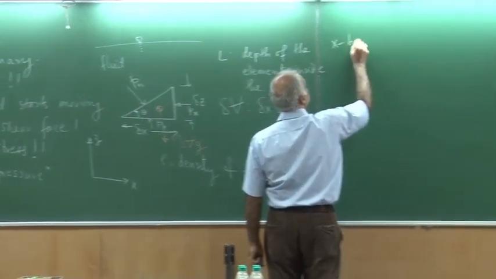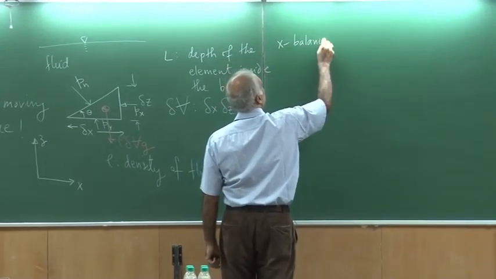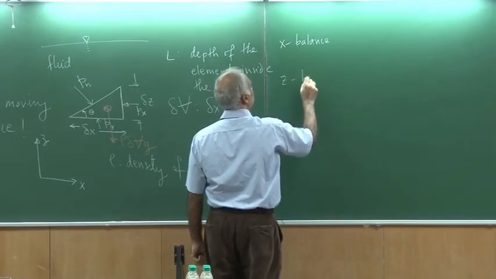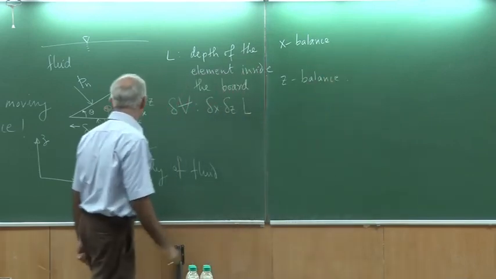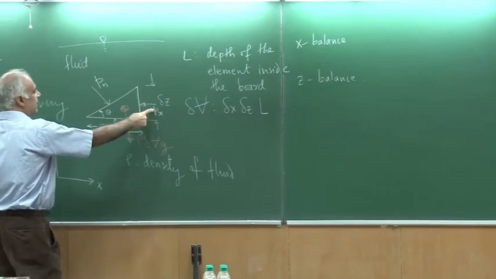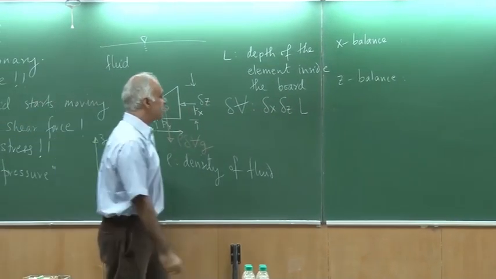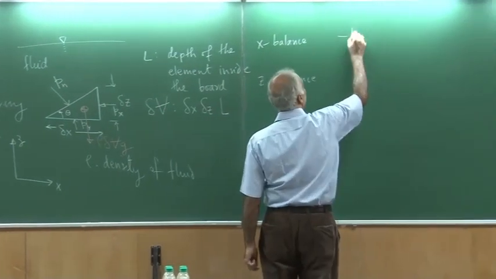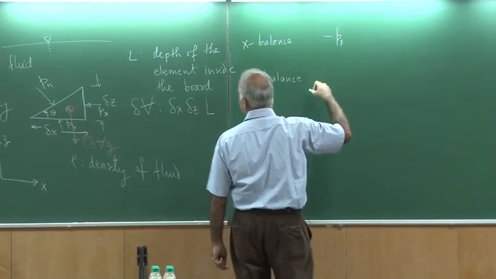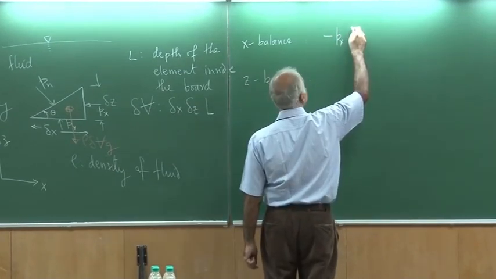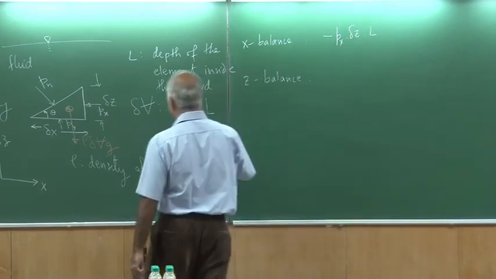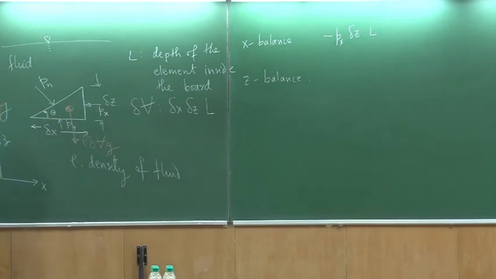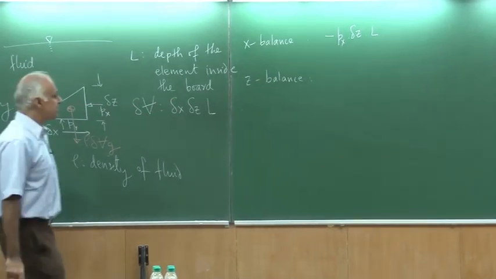So, x balance, and I will do a z balance. There is a force in this direction which is minus Px times the area, and the area would be simply delta z times L. So that's the force in the negative x direction. The force in the positive x direction is because of this Pn.